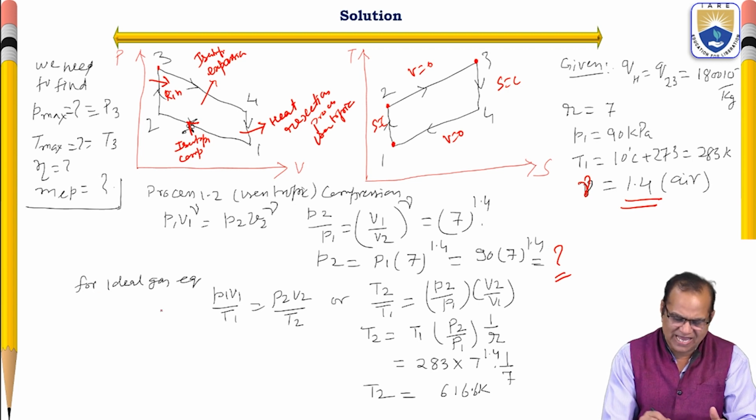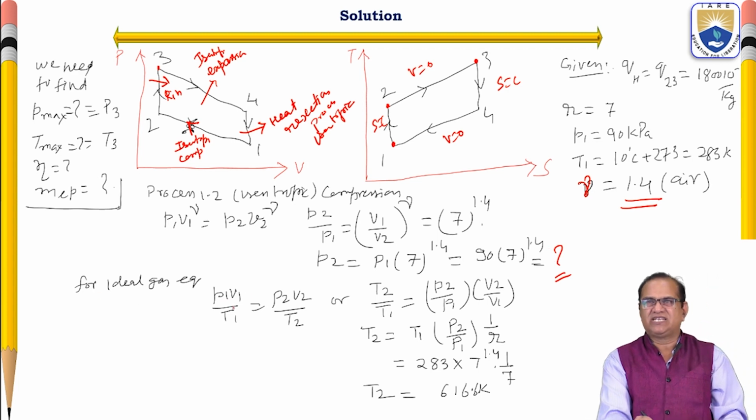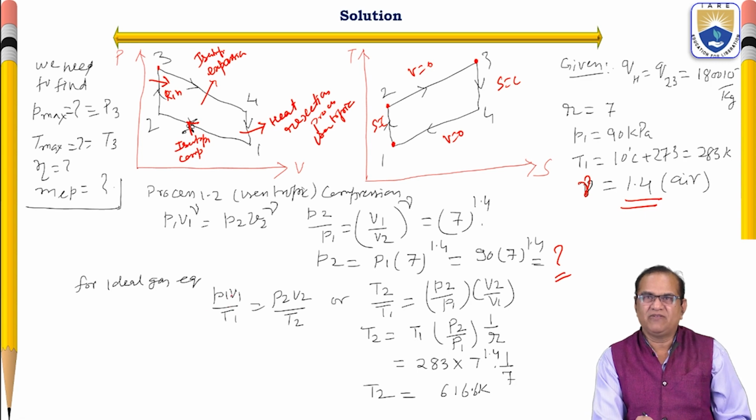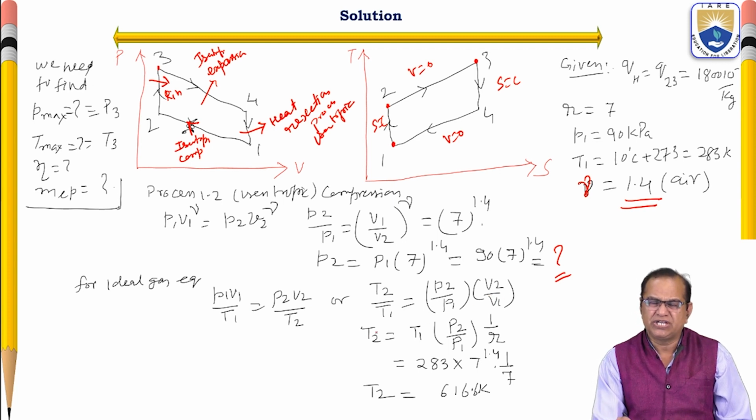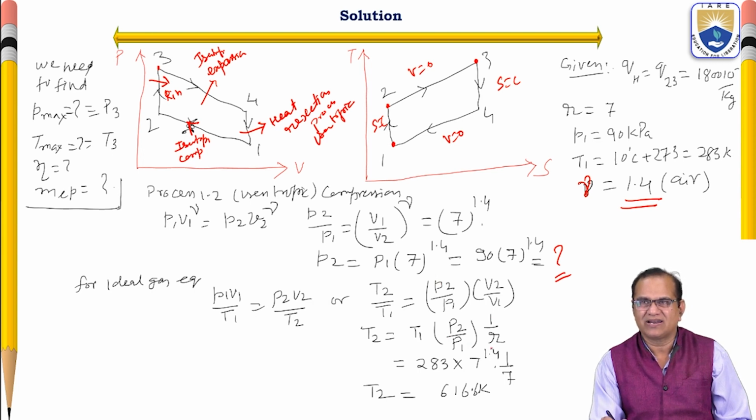Now for the ideal gas, we can write P1 V1 by T1 is equal to P2 V2 by T2. So we can write that T2 by T1 is equal to P2 by P1 into V2 by V1. So T2 is equal to T1 into P2 by P1 into 1 by r.